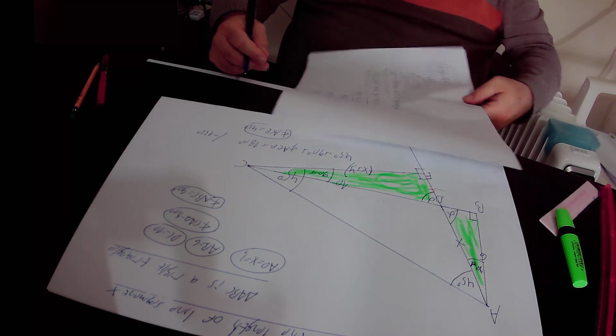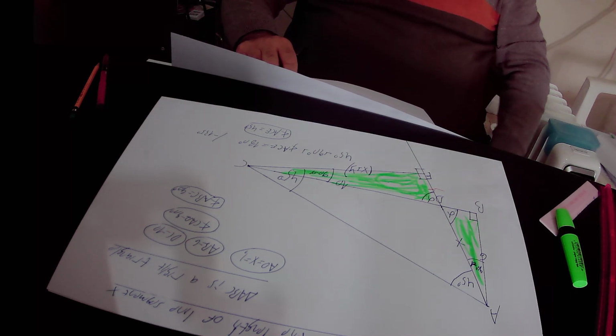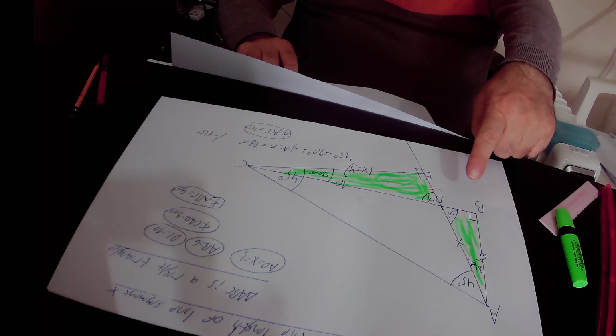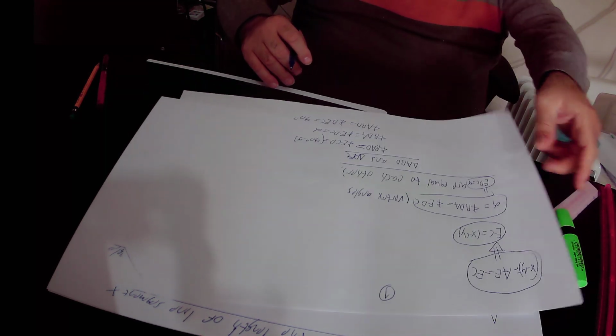So we actually proved that triangle ABD is similar to triangle DEC according to the angle similarity rule.